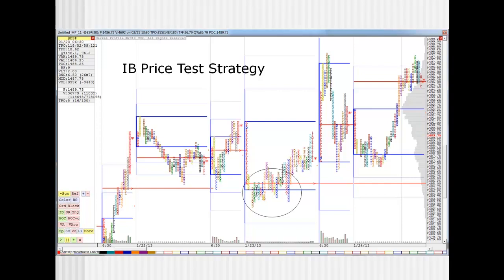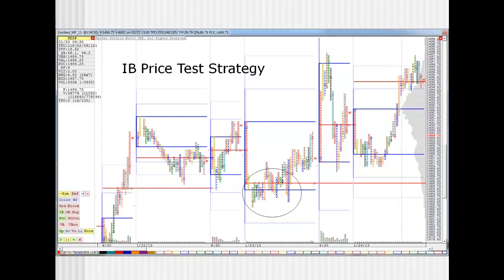So once prices come to test, we're not going to react based on a single test. Usually we want to look for a minimum of 2 tests, and then what happens? Well, if we get 2 tests and both tests fail at the IB level, then we get a range extension. We take the trade in the direction of where the range extension takes place. Very simple strategy, but very effective.